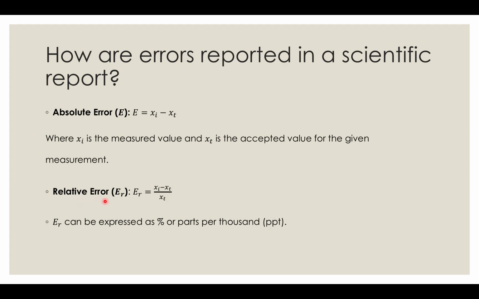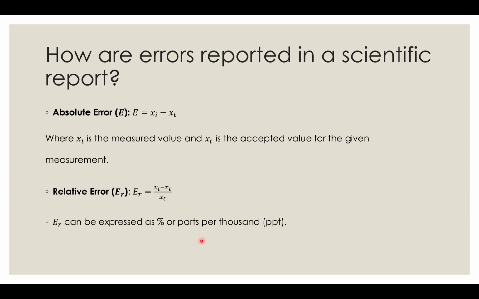Now, if you want to calculate the relative error, you need to divide the absolute error by xt, that is your accepted value.